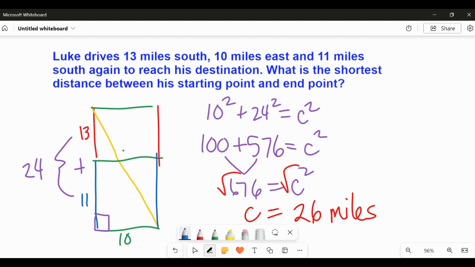Being that you can't really move line segments on your paper, another way to do it is to add up all these distances you're going in the same direction. So 13 south and 11 south, when you add those together, you get 24. That's a leg. And there's only one segment going east, which is 10.